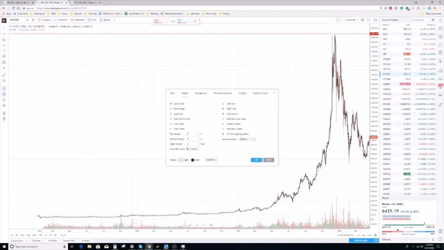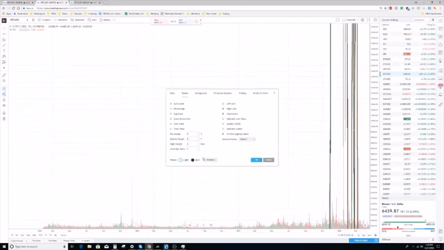In some instruments, you can use one where 1 unit of price equals 1 unit of time. Sometimes you have to do 20 units of time for 20 units of price, or 1 unit of price. Depending on your screen, you want to get it to where it's as square as possible. Because if we do it with a 1, this is just not going to work out at all.